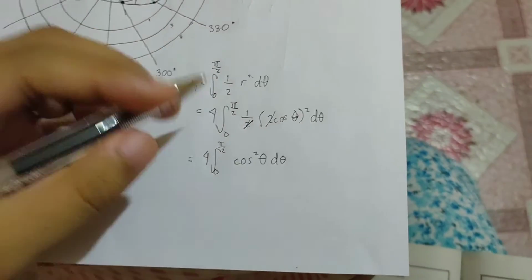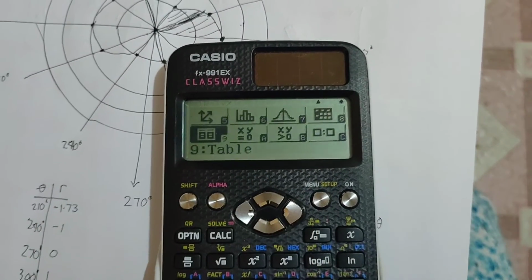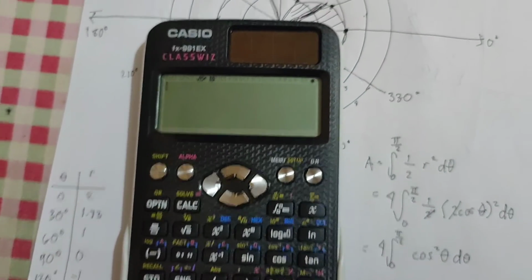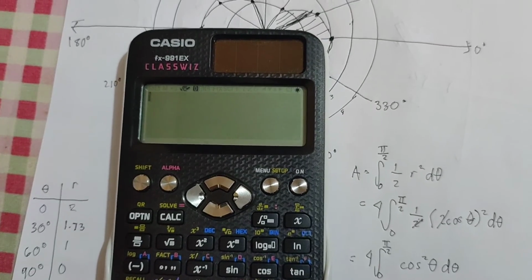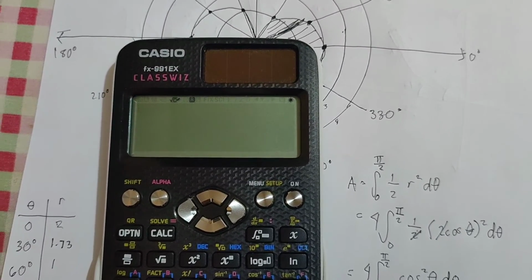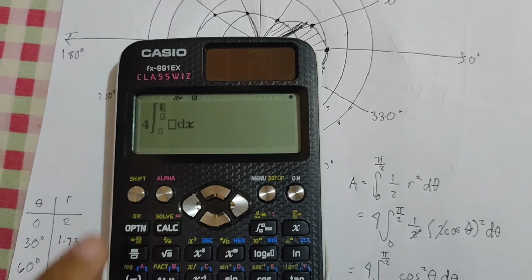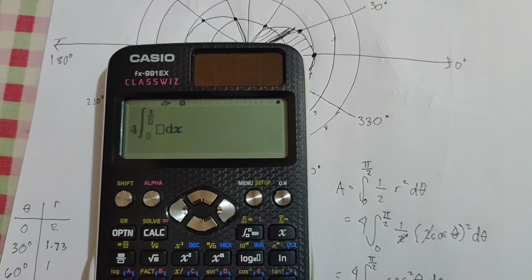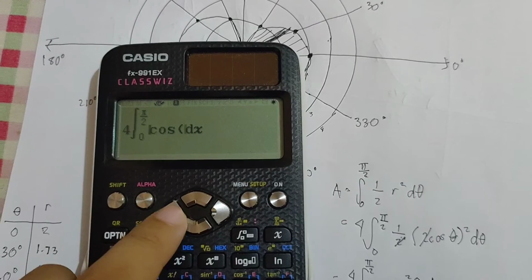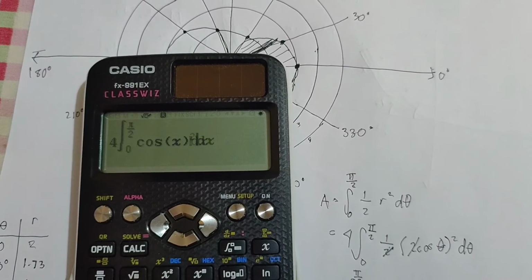So that's it. We will input this on our calculator. Menu 1, but this should be on radian since we are dealing with angles. So shift radian for the integral of 0 to pi over 2, cos x squared.